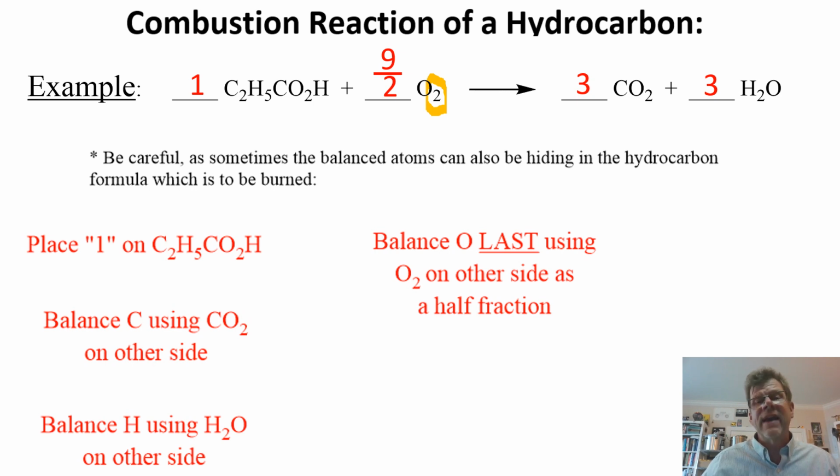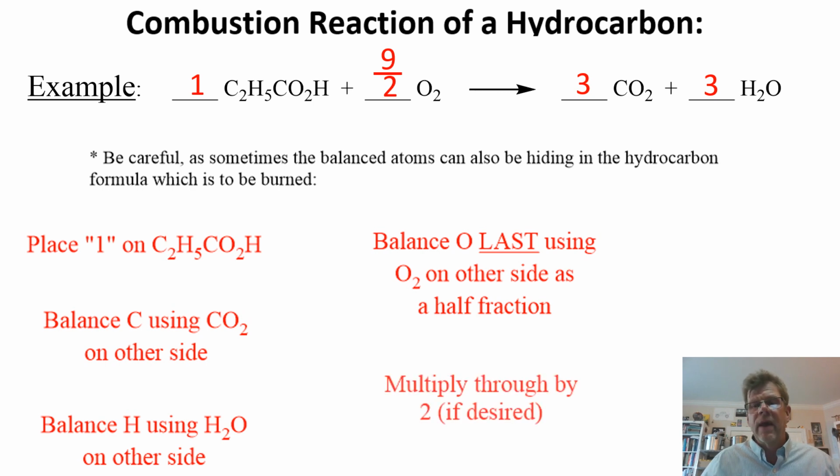That 2 cancels out that fraction, so that's 9 oxygen atoms. As before, if we don't like to have a hanging half fraction in there, even though it is correct, we could multiply through all of these numbers by 2 and essentially double them. And that would be another proper way of completing this. So there's, again, 2 correct answers here. Either one would be correct.